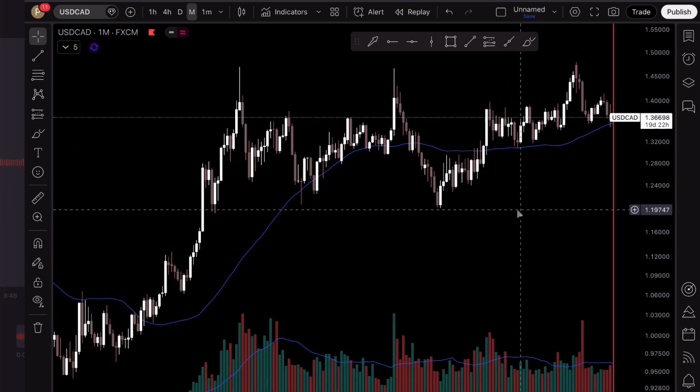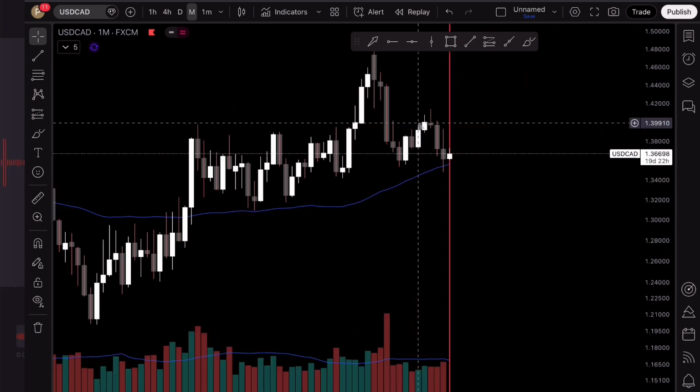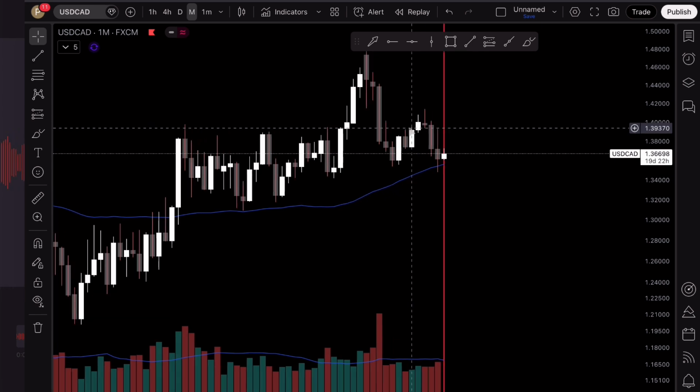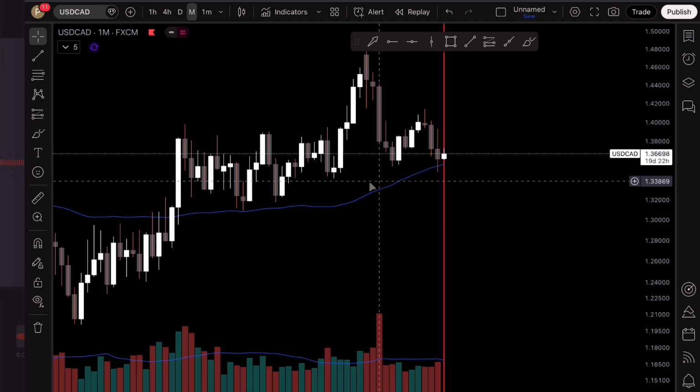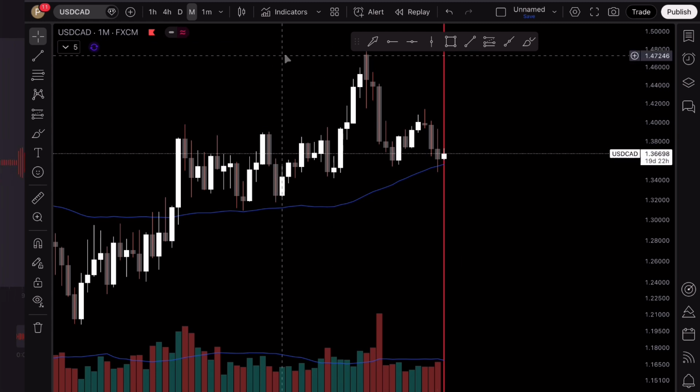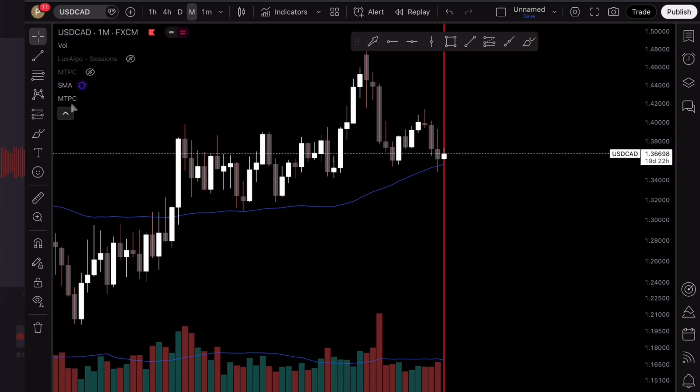This is exactly the reason why I love trading the monthly time frame, because the monthly time frame can easily suggest the direction you should be looking at taking your trade for the rest of that month. And that's the reason why I really love this monthly time frame.